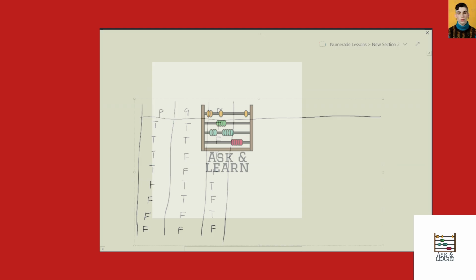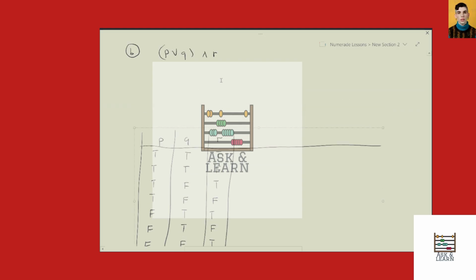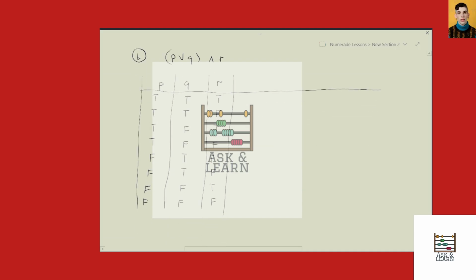Okay, so here we are looking at this one. So we need P or Q. Looking at them, both are true.